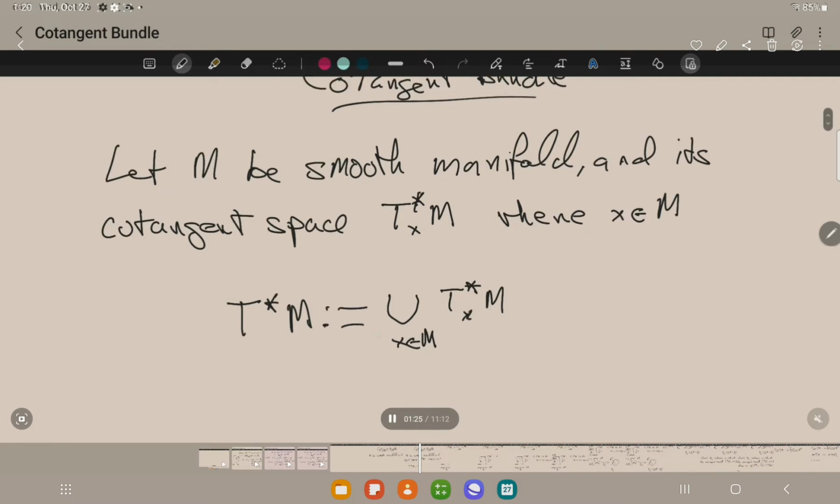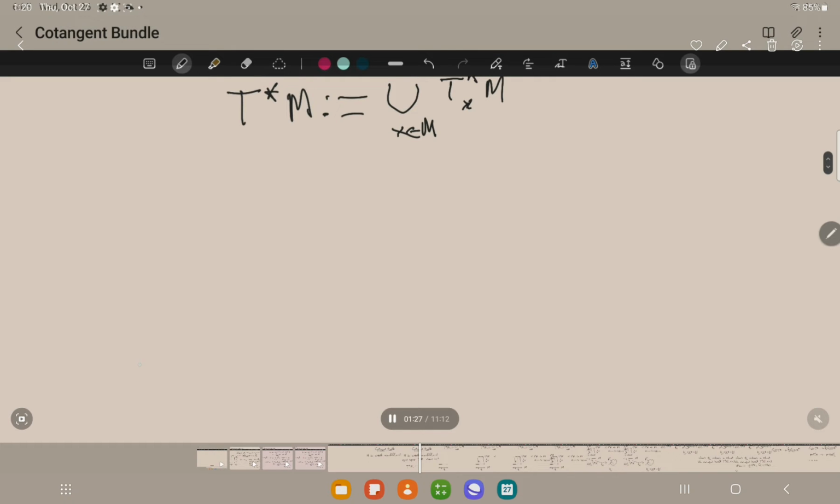So if you have that whole collection, that means you have the tangent bundle. Okay, so here's a visual of that. Again, M here is just represented as one dimensional, but it can be higher than one dimension.